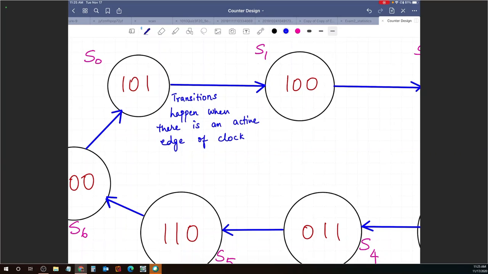So for example, if I am going from state 0 to state 1, then QA, QB, QC is going to become QA plus, QB plus, and QC plus. Those are the transitions that need to take place for your first counter transition from 5 to 4 and so on. You guys see that?